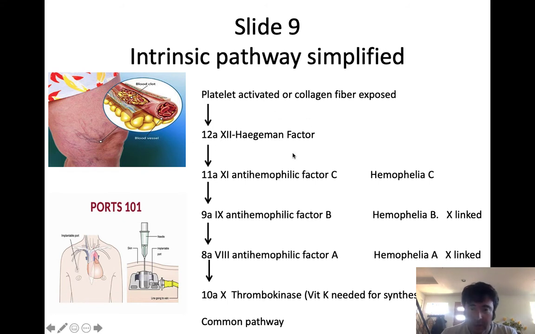So Hageman factor, you would think that people who had a genetic disease that influenced Hageman factor would have a susceptibility to increased bleeding, and they do, right? They have a prolonged what's called prothrombin time, or they have a long clotting time, like if you're just measuring clotting time from a finger stick.